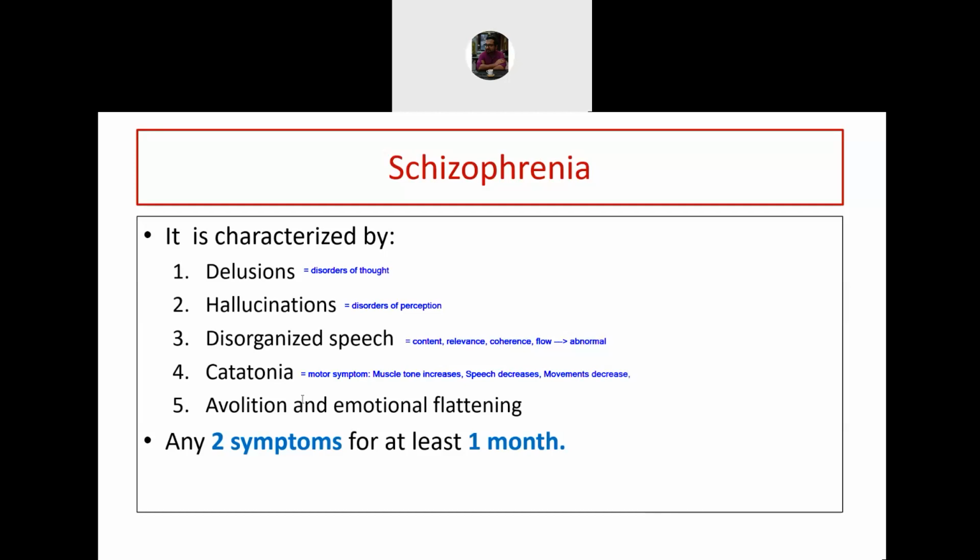And the person stands like a statue, which is also known as waxy flexibility. So you can make the person stand in any position for a long time. Essentially, all motor phenomena decrease. That is why catatonia is also described as a negative symptom. Why negative? Because there is reduced movement.